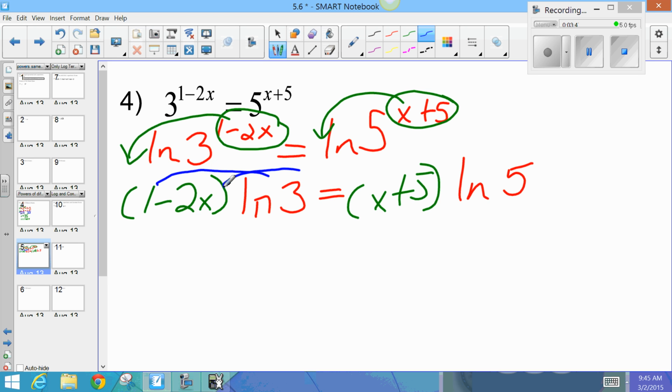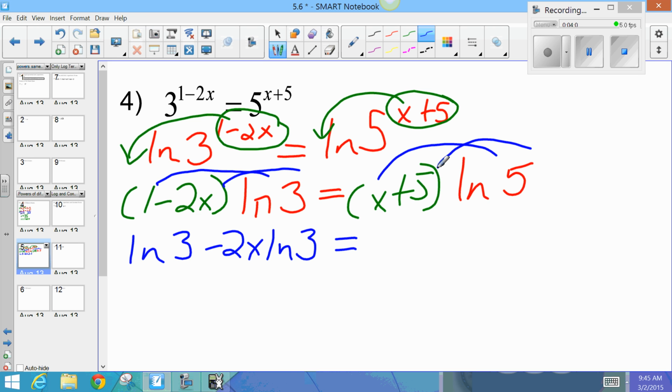So 1 times the natural log of 3 is the natural log of 3. And then I have negative 2x times the natural log of 3. And then also this has to be distributed to both terms. So I've got x times the natural log of 5 plus 5 times the natural log of 5.